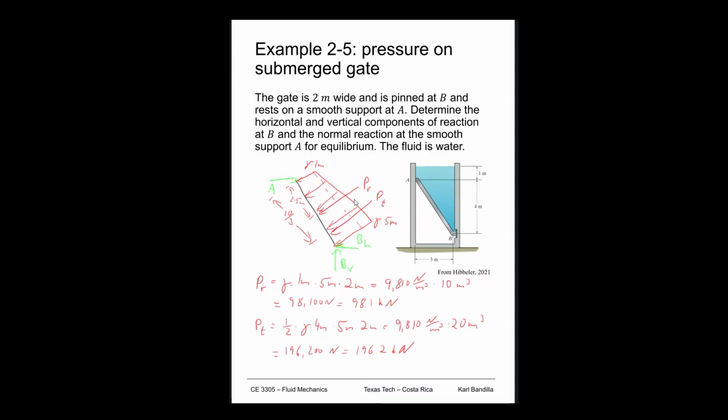But then we can look at PR and PT. PR is going counterclockwise, so it'll be positive, and if this is 5 meters, that's 2.5, so it'll be plus PR times 2.5 meters.